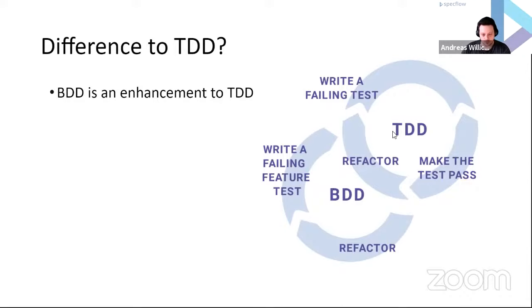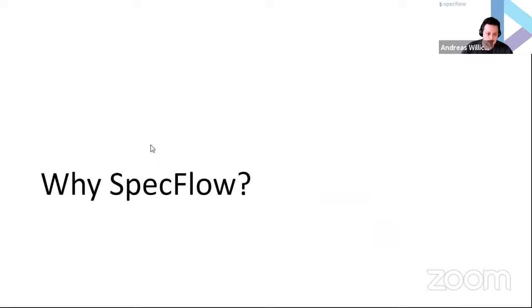Nothing forces you to use this approach, but this is the ideal approach, what the books say, to get the best out of it, so that you only implement what is really needed, and have it covered not only with more programming tests, but also from a business, customer, feature side, that it's behaving correctly.